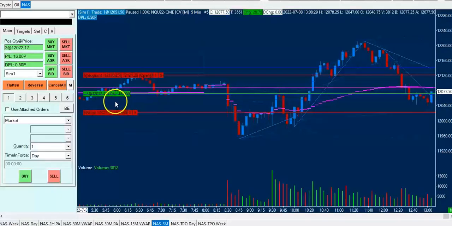50 times 3, 150. So now that we've set a first limit order to take a quick profit and price moves in our favor, when it hits that level, we now have 50 points profit, right?